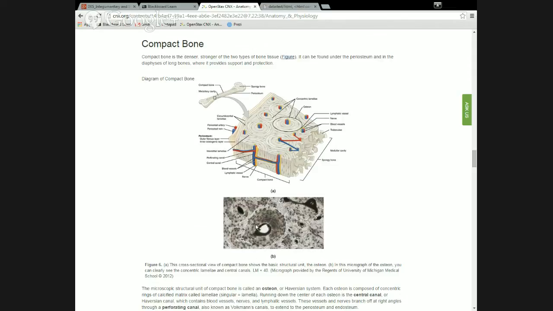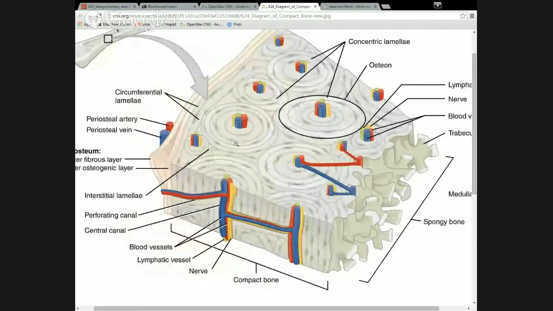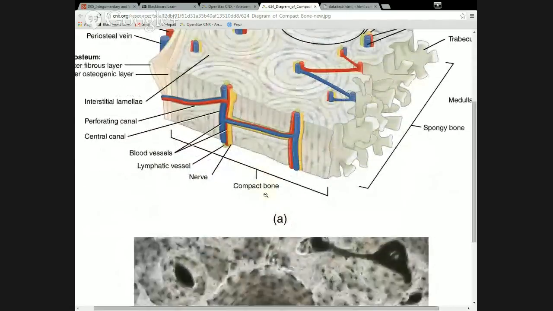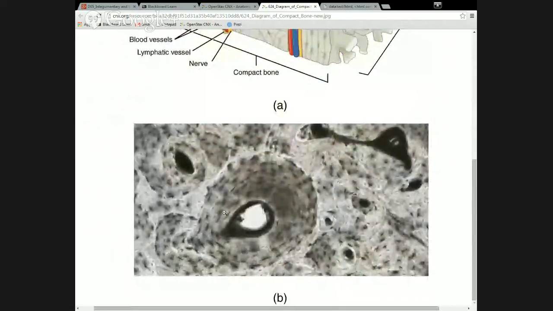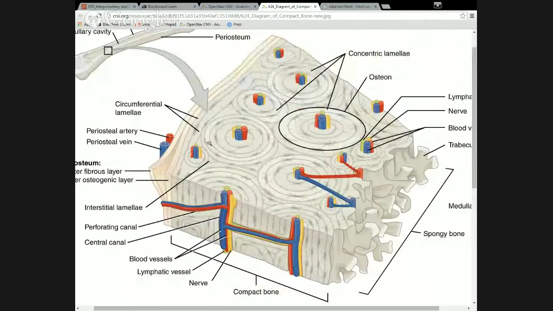All of the little dots that are in here, let me enlarge that picture. So all of these little gray spots in here, or there are more black spots down here, those are the osteocytes that are in the bone matrix. And they form these rings surrounding the central canal where the blood vessels and nerves are.